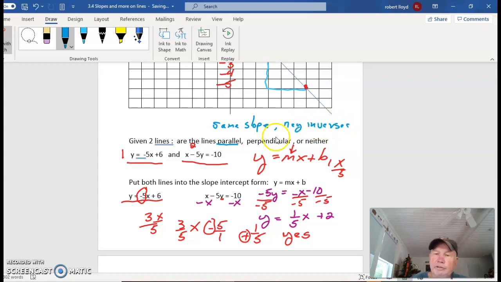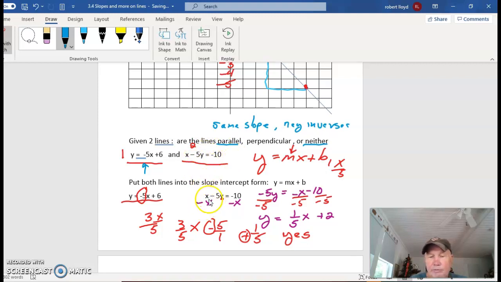If they're neither of these, they're neither. So the first step you need to do here is to make sure both equations are solved for y. This first one is solved for y, so we're fine there. The second one is not, so we have to solve it for y.